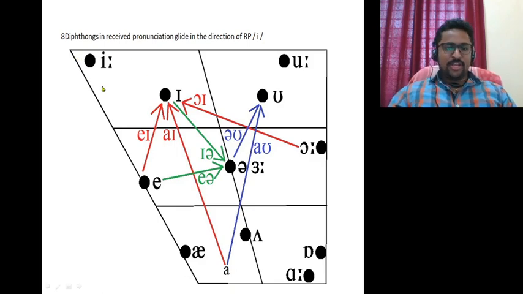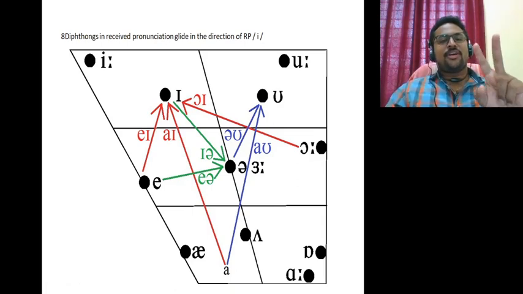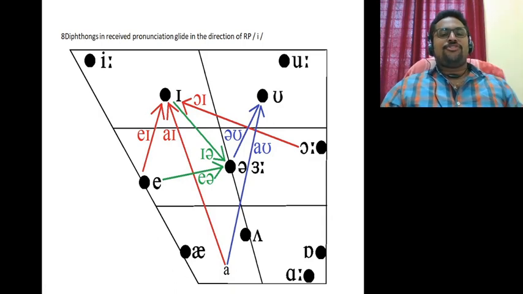These sounds come singular. That's why we call them monophthongs. But a diphthong is different. In diphthongs we get a combination of two vowel sounds.